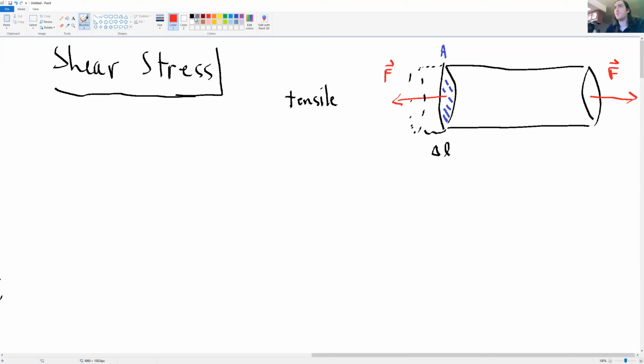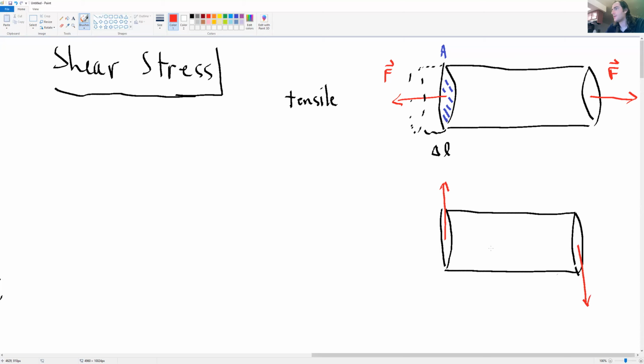This is tensile stress. What if we have a situation with a similar rod here, but instead of applying the forces like that, we have the forces being applied like this in the plane of that cross section? So these are equal and opposite forces again.